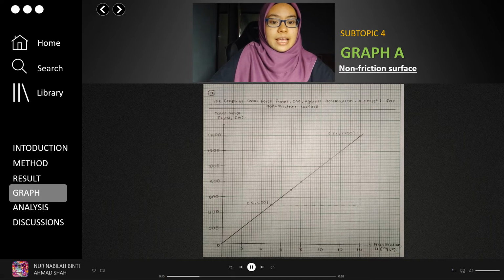We can see that the graph is linear, or we can say that the total force is directly proportional to the acceleration. I also put the coordinates here, like 5 and 500, and also 14 and 1400, to make it easier to count the gradient.